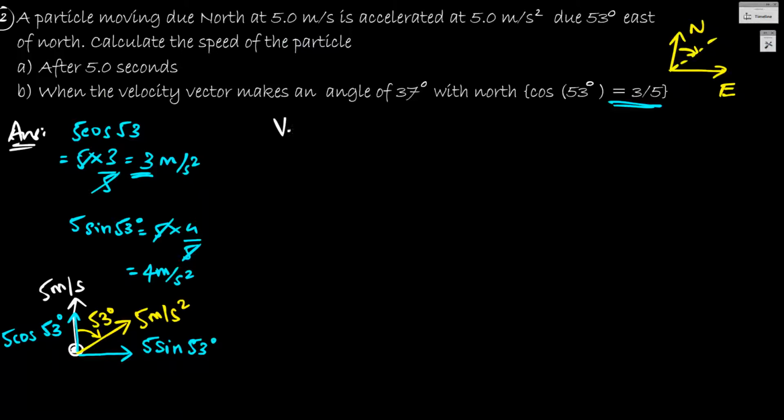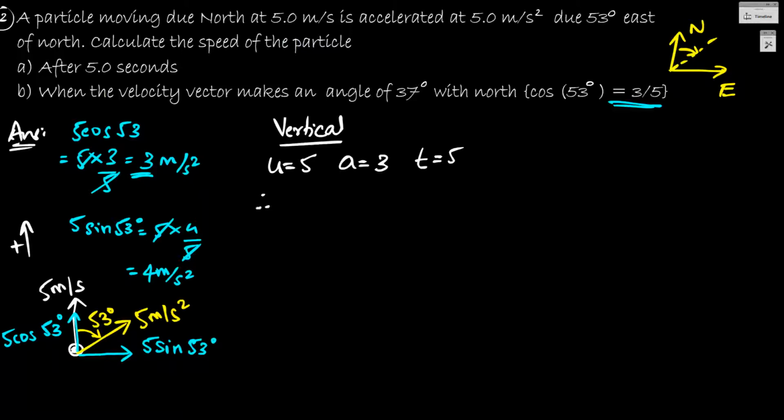Let's look at the vertical first. In the vertical, I have the initial velocity. I'm going to consider up as positive. Initial velocity is 5. I'm not going to write the subscripts, it's understood. Acceleration along the vertical is 5 cos 53, that is 3. And we are asked after a time of 5 seconds.